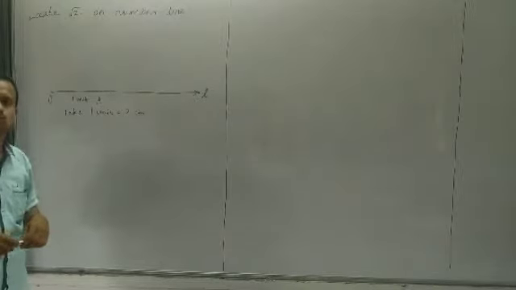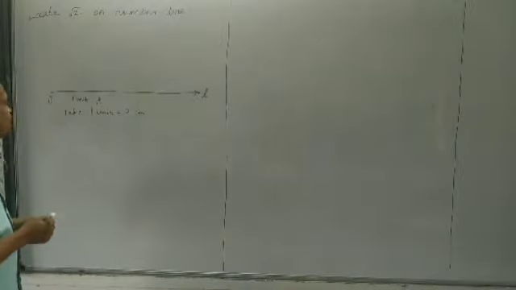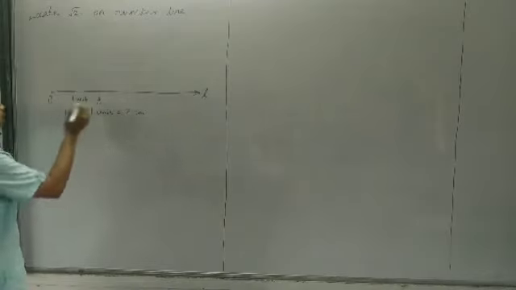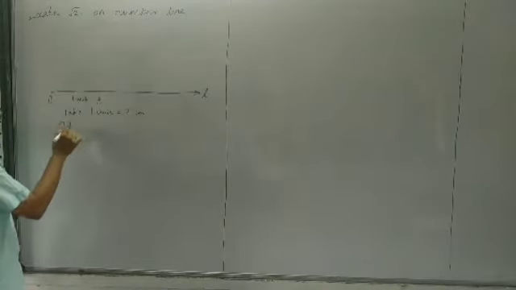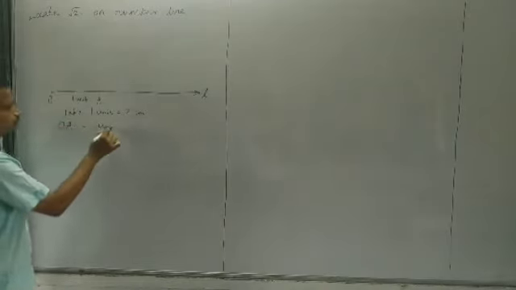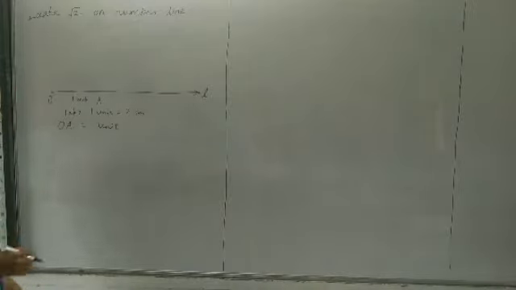So to see it clearly, you have to take 1 unit as 2 centimeters. Okay, and now OA is 1 unit. Sorry, 1 unit is 2 centimeter measure. Just that.